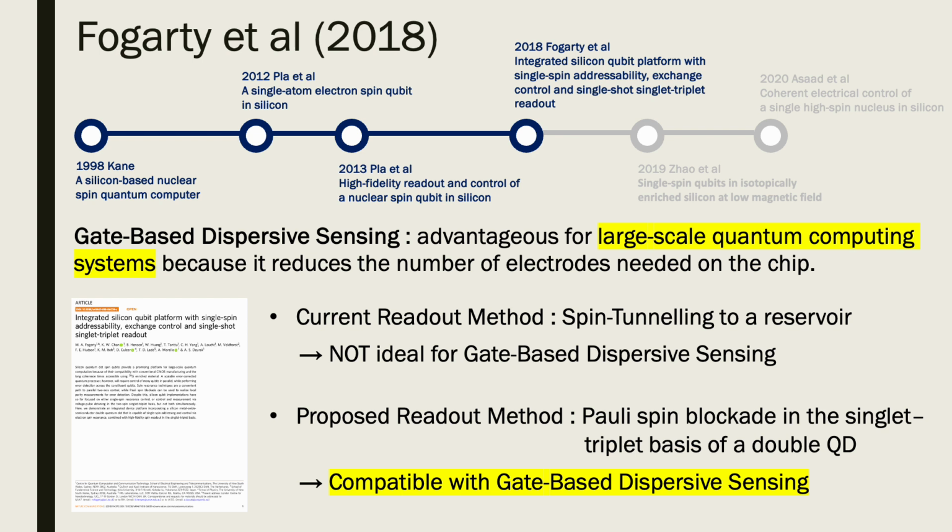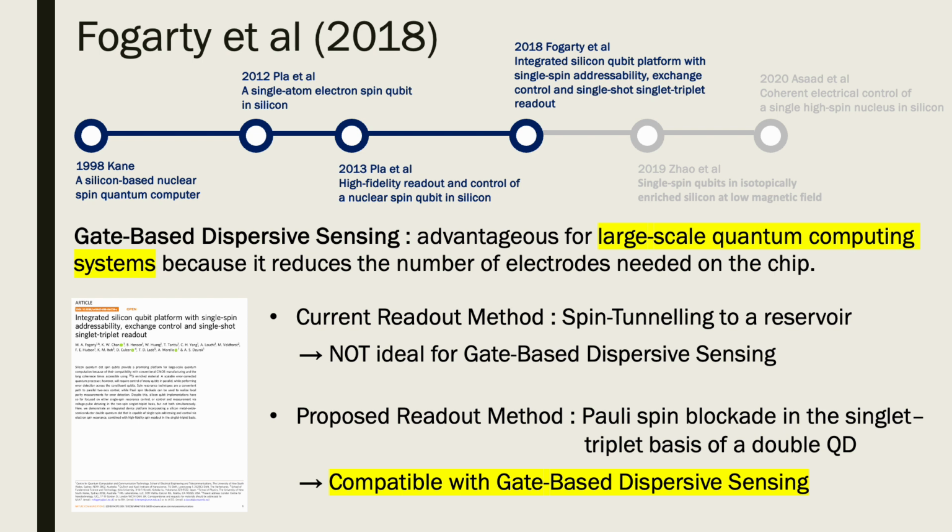The important feature of gate-based dispersive sensing that we need to know here is that it reduces the number of electrodes needed on the chip by utilizing the interaction between the qubits and nearby control gates to indirectly measure the qubit states.